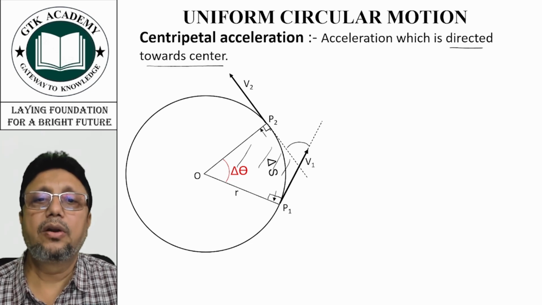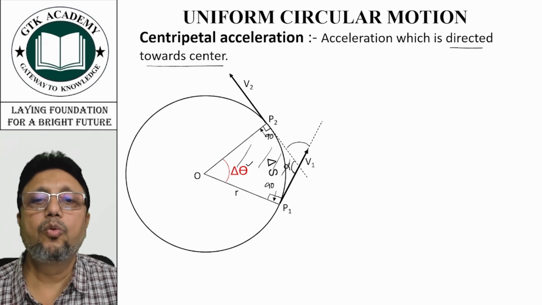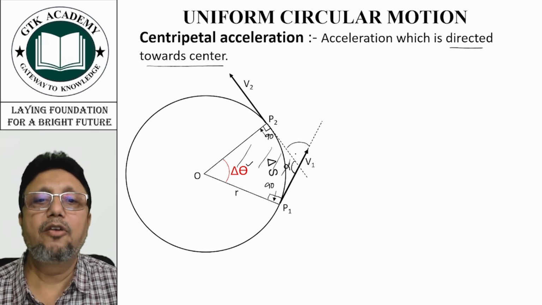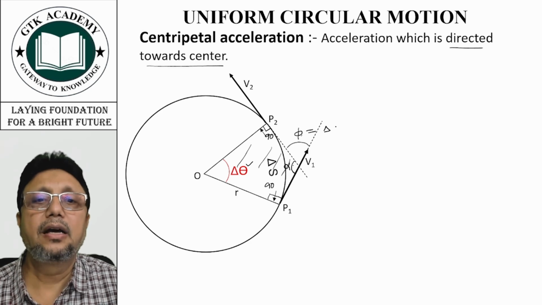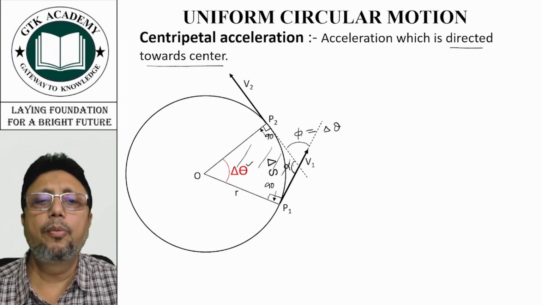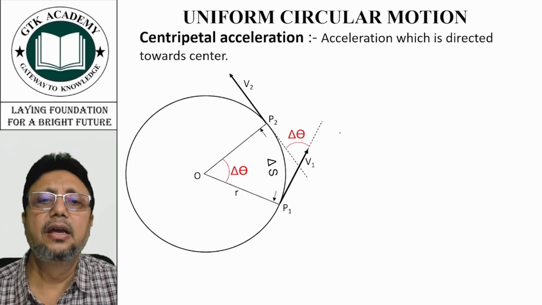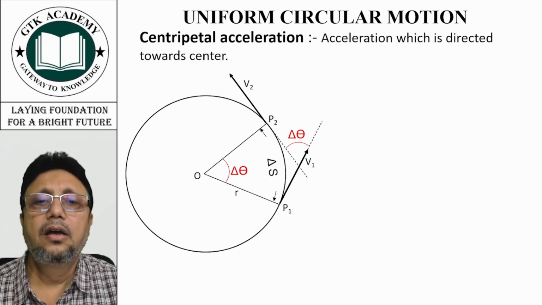That means 90 plus 90 is 180. You remove it, then you are left with theta and this angle, say it is alpha. Now theta plus alpha will be 180. And again, if this angle is phi, alpha plus phi will also be 180. That means phi is equal to delta theta. I hope you have understood. Very simple geometry. This is delta theta.